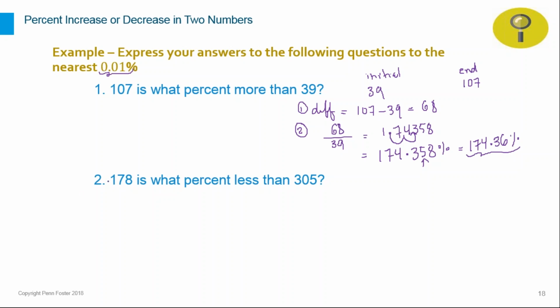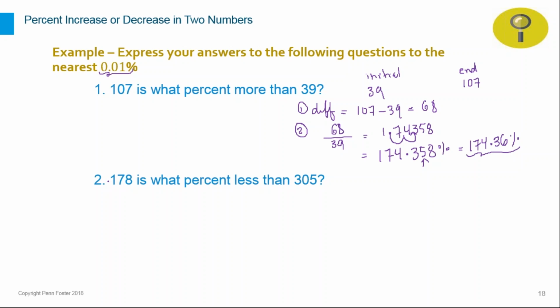Okay, number 2, 178 is what percent less than 305? Okay, so what is the initial value? Well, in my mind, it's asking me that at one point it was 305, it went down, it went less to 178.